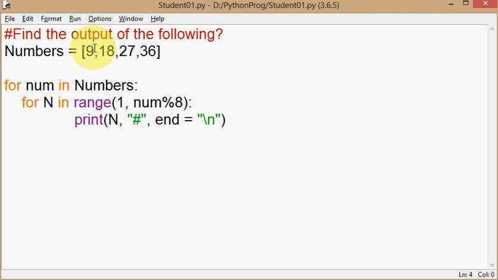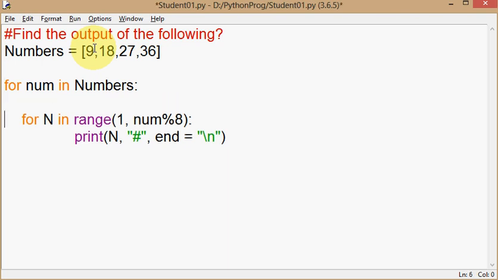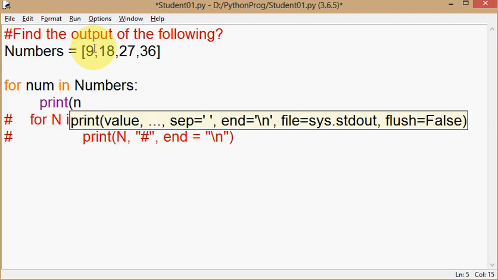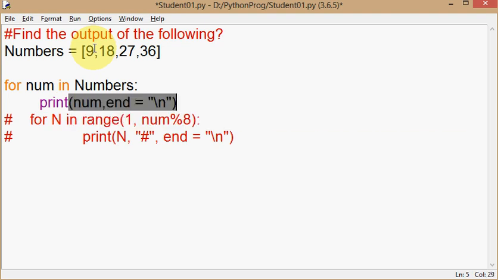So if we break it, we are going to make these two lines comments so that the compiler will ignore them, because we want to know what the value of num will be when the loop is executed. So I am going to write print num comma and equals to \n.